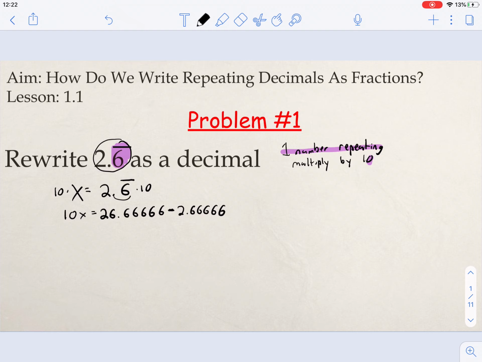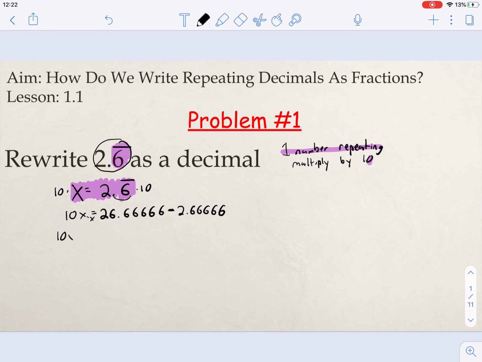Since I subtracted 2.6 from this right side, I'm going to have to subtract it from the left side as well. But I'm not going to use 2.6 repeating. Since x equals 2.6 repeating, I'm just going to subtract x from this left side.